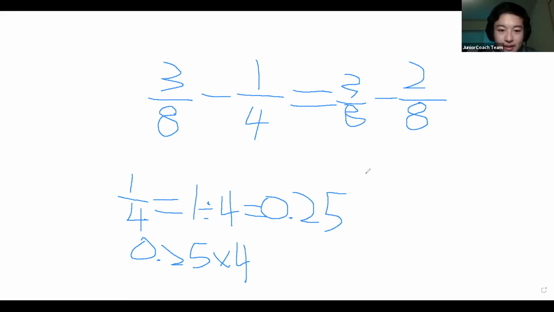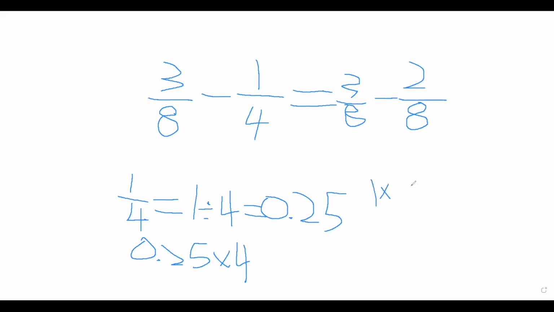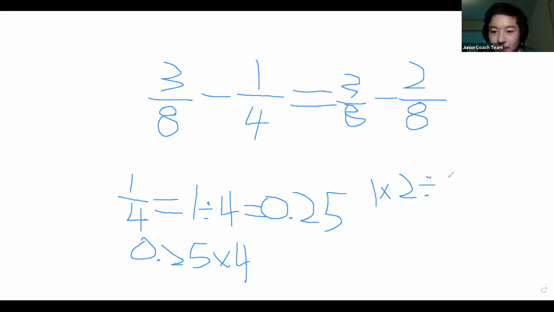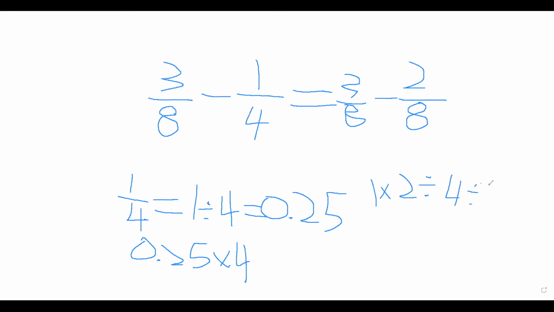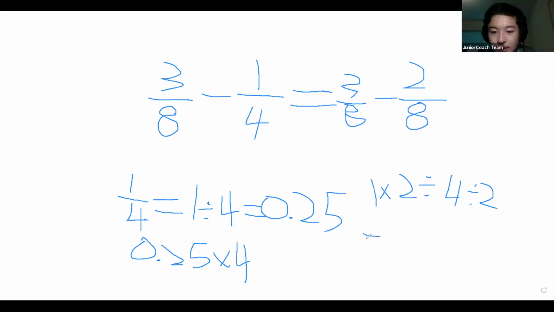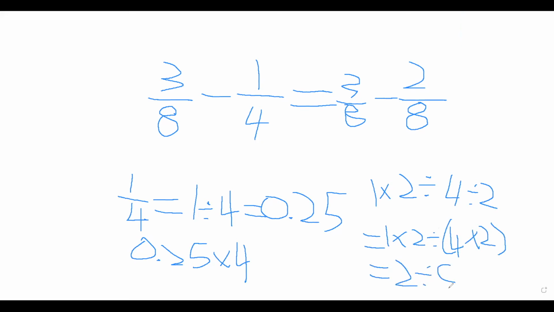You could do 1 times 2 divided by 4 times 2, so 1 times 2 divided by parentheses 4 times 2. If we were in 16ths, it would have been 4 out of 16.